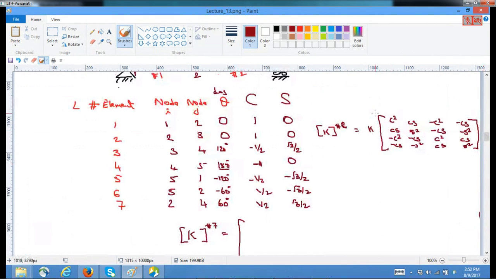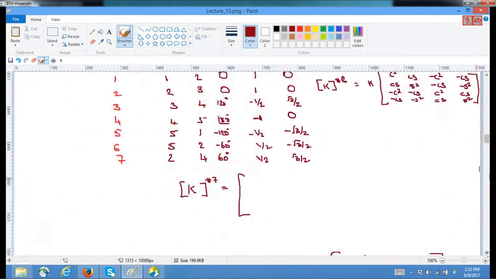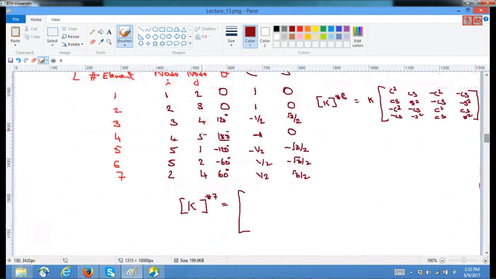I can rewrite this thing as small k by 4, 1 root 3 minus 1, minus root 3 minus 1 minus root 3. This would be 3 minus root 3. This is minus 3.